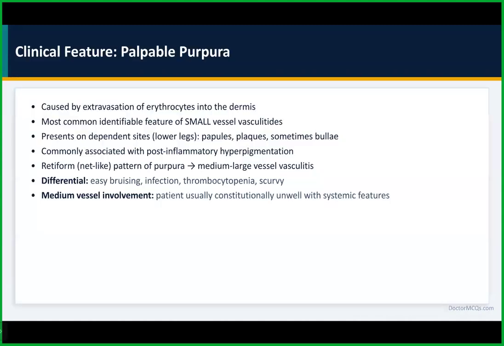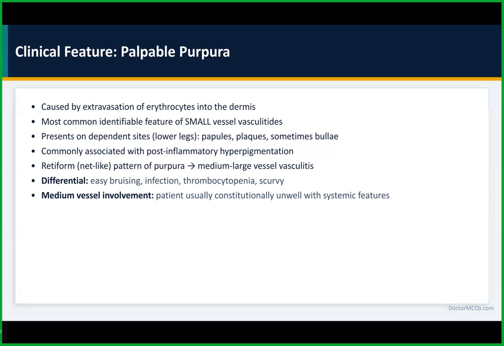So firstly, how does the patient come with vasculitis? Basically, there will be palpable purpura, and there are some other manifestations. The purpura is present because of erythrocyte extravasation from the vessels, which becomes apparent on the skin.